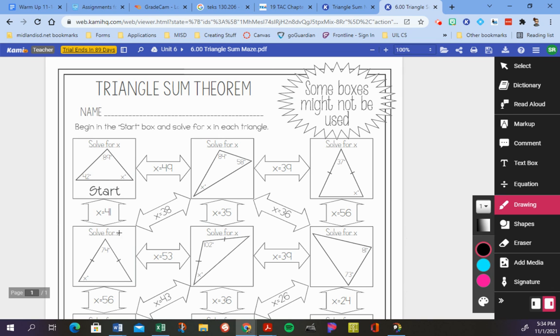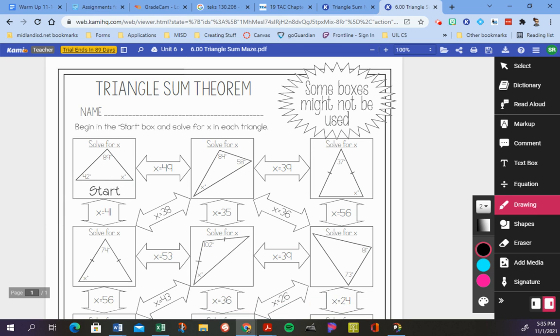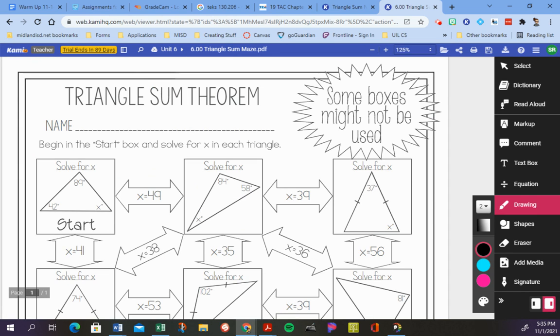All right. So this first one, the start, solve for x. I'm going to make my line a little bit bigger. This one is very straightforward. I'm going to zoom in a bit. You just add these up and subtract from 180. Well, if we go down, I don't know if that's the right answer or not. I think it may not be.